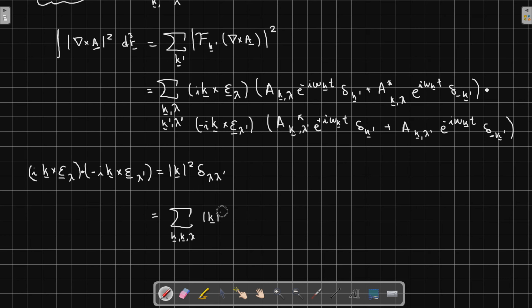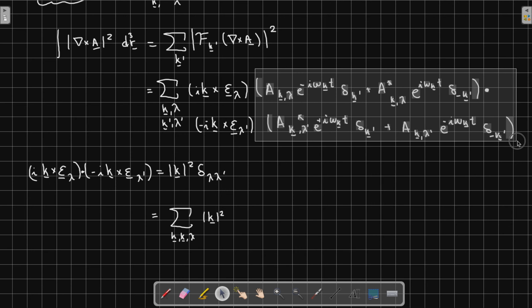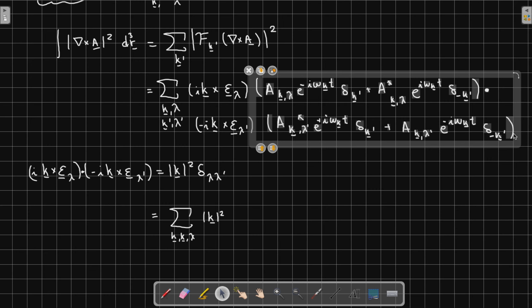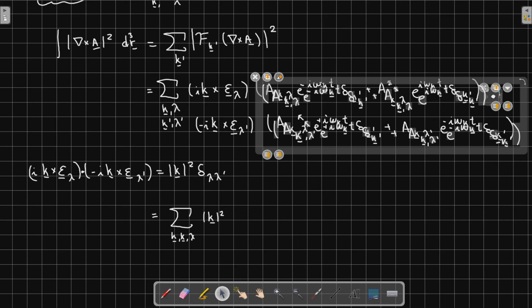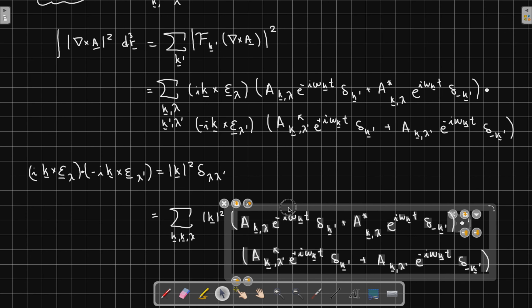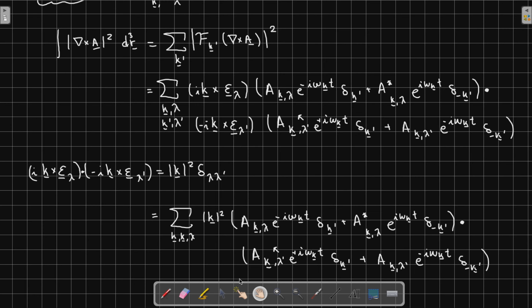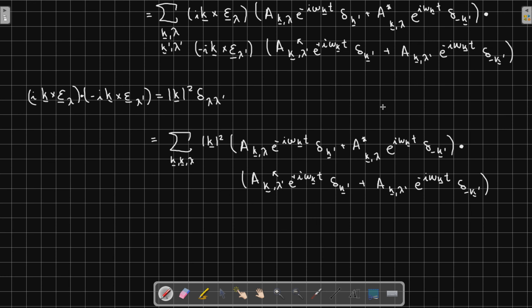So this is equal to k squared times the product right here, and there we go. And again, the only terms that survive are the like terms where the delta functions contain the same variable.